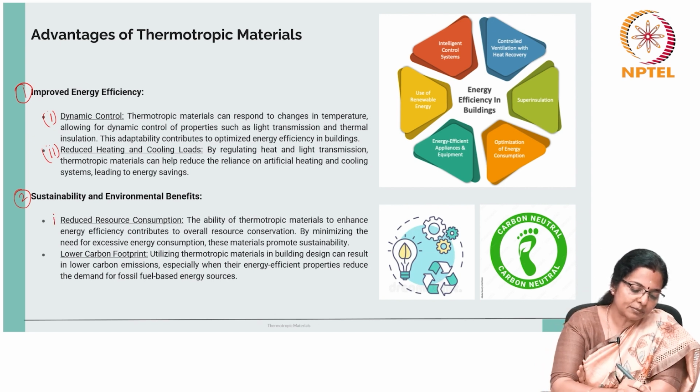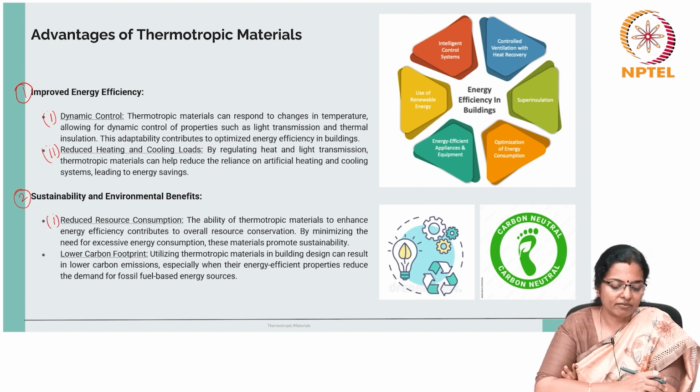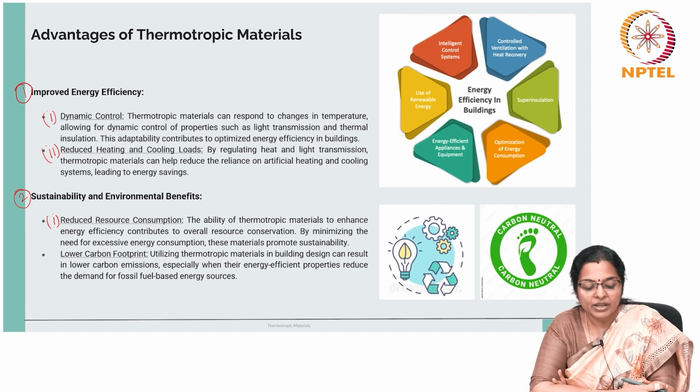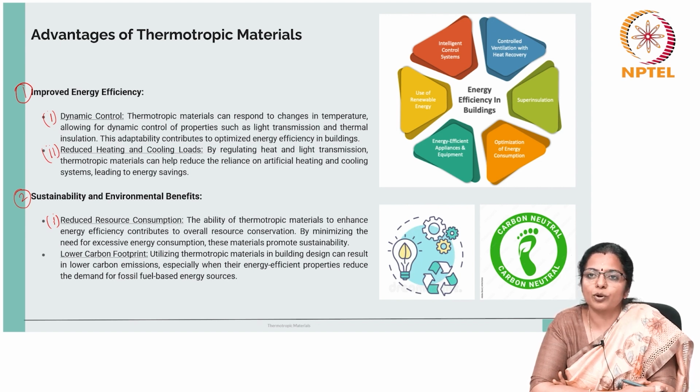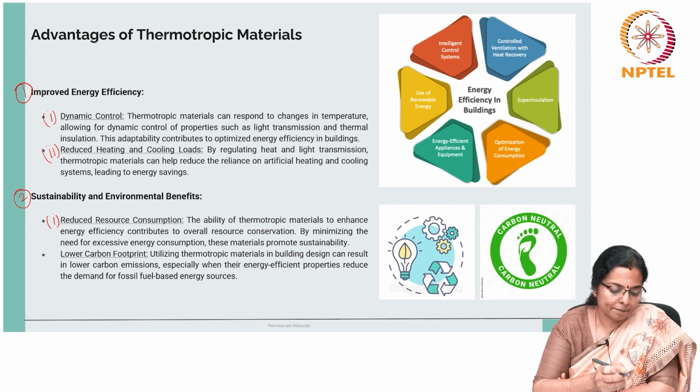The first aspect of sustainability and environmental benefits is reduced resource consumption. The ability of thermotropic materials to enhance energy efficiency contributes to overall resource conservation. By minimizing the need for excessive energy consumption, these materials promote sustainability.